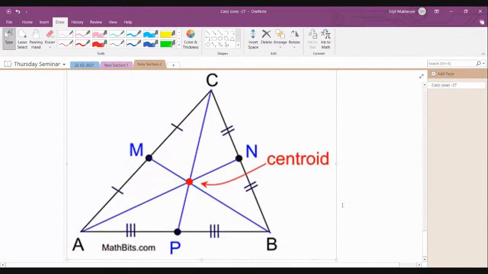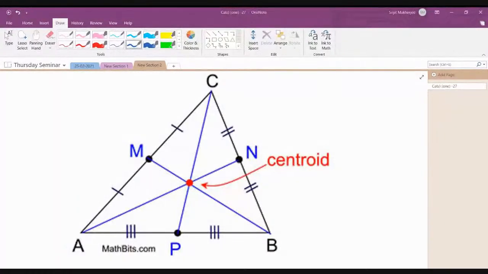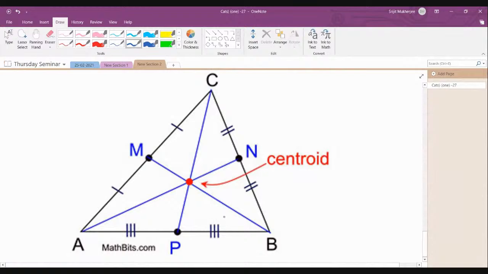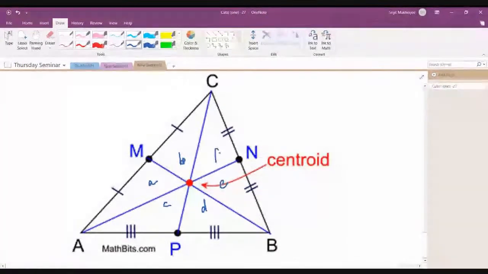So we have got this diagram over here, and let's try to understand this. This is a centroid, and we have all this over here. It's a scalene triangle, and this is a centroid. So since it's a centroid, let's mark this: let's call these A, B, C, D, E, F. Observe that A plus B plus C is equal to D plus E plus F, right?